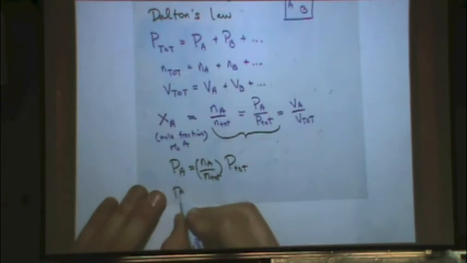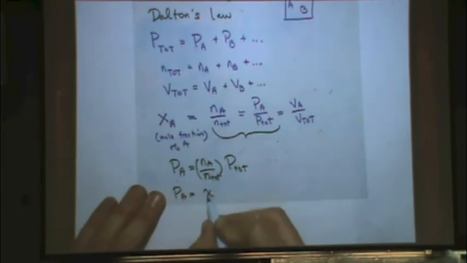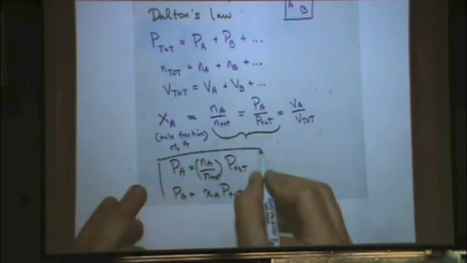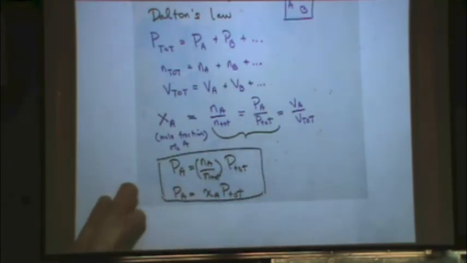Or you could say the partial pressure of A equals the mole fraction of A times P total. Either way you write it, this is Dalton's Law. And you'll see these formulas also elaborated in the text.